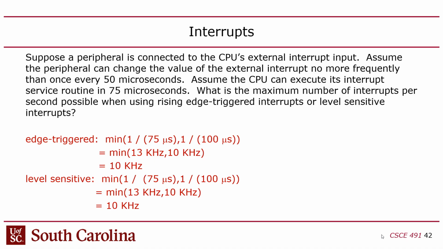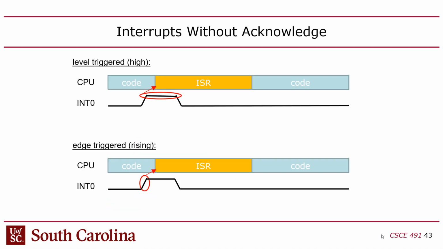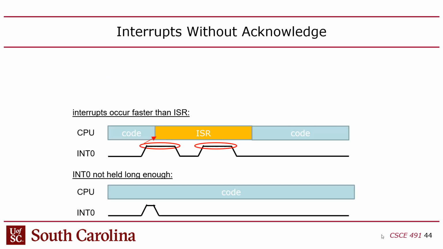All right. But that introduces a problem: what happens if I toggle the interrupt pin faster than the CPU can execute the interrupt service routine, right?